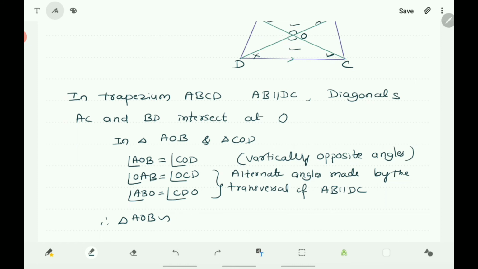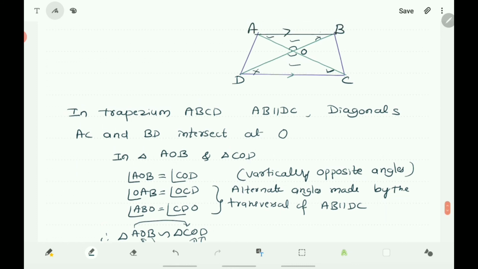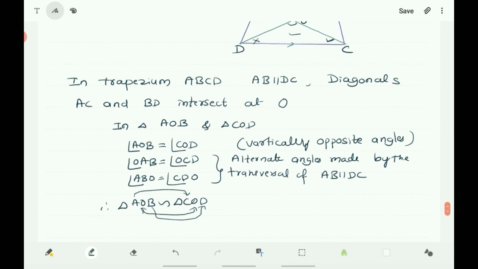Here you can verify that angle A and angle C are equal, angle O and angle O are vertically opposite angles, and angle B and angle D are equal. Here A and C are one pair, and B and D are another pair of alternate angles, and angle AOB and COD are vertically opposite angles. This way you can write the equal angles in order while writing the similar triangles.